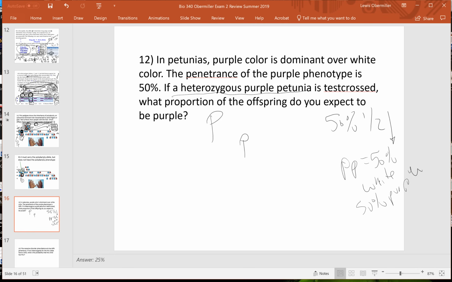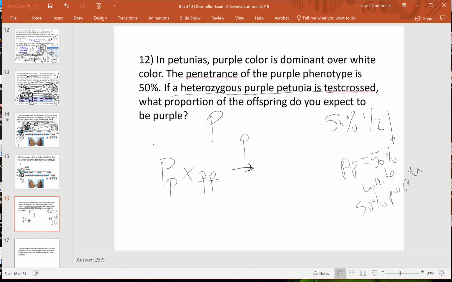So if a heterozygous purple petunia, all right, so let's just do the cross. Let me start over. A heterozygous purple petunia plant is testcrossed. Remember, a testcross is always to something that we know, so that would be the homozygous recessive trait, or white flower.